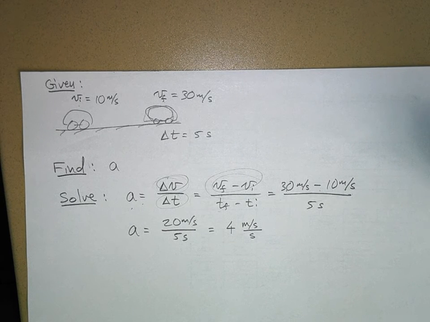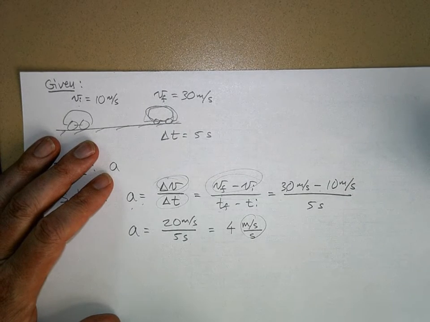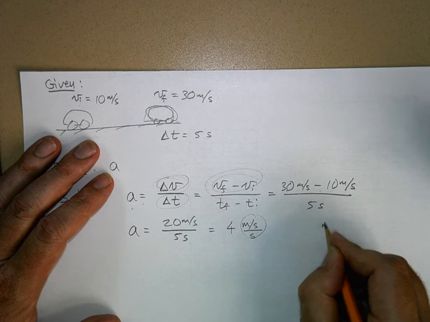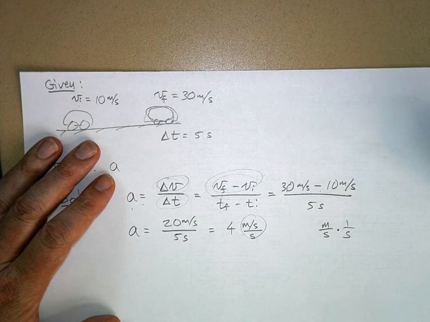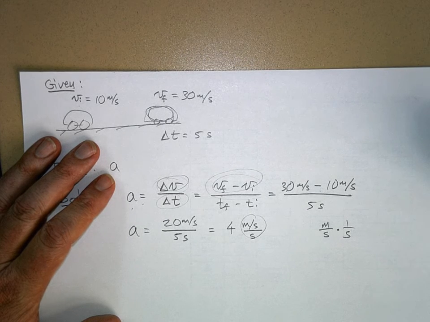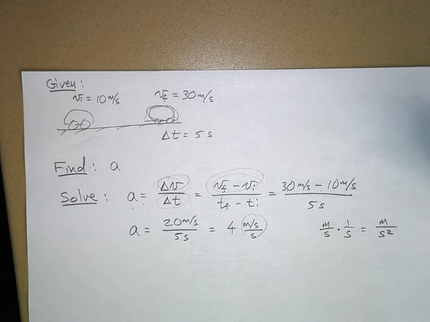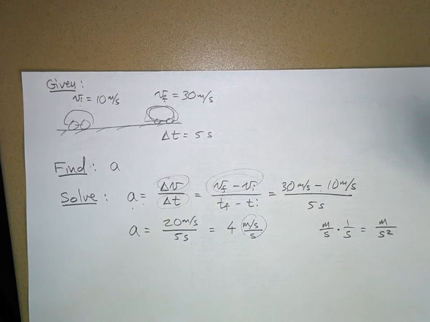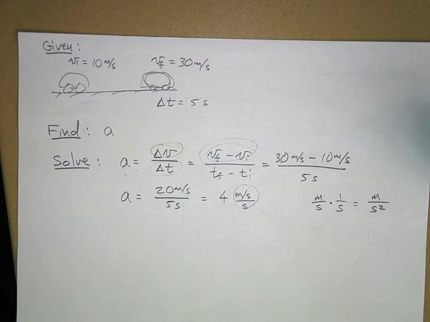Now, here's what you'll see in textbooks and everything, and I'll even do it because it's a shortcut. This is like a compound fraction. This is like a meter per second times a 1 over seconds. You agree with that? And so they'll get, oh, this is a meter per second squared. And so people will write for acceleration, meters per second squared. And then people who are doing this for the first time go, what the heck is a square second?